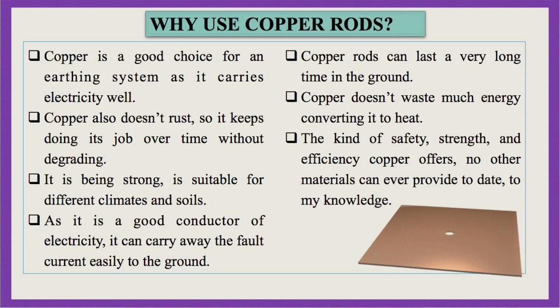Being strong, it is suitable for different climates and soils. As it's a good conductor of electricity, it can carry away the fault current easily to the ground. Plus, a copper rod can last a very long time in the ground. Another big plus for copper is that it doesn't waste much energy converting it into heat.